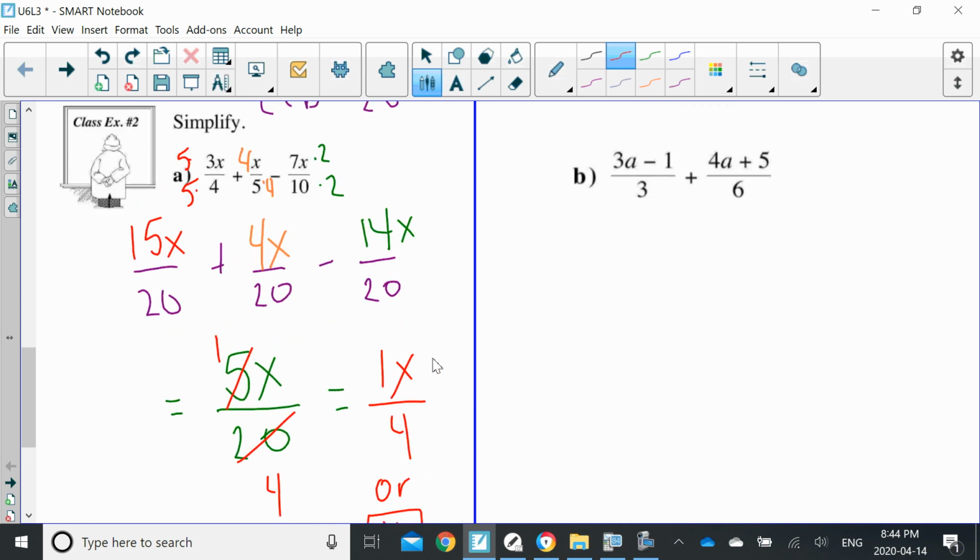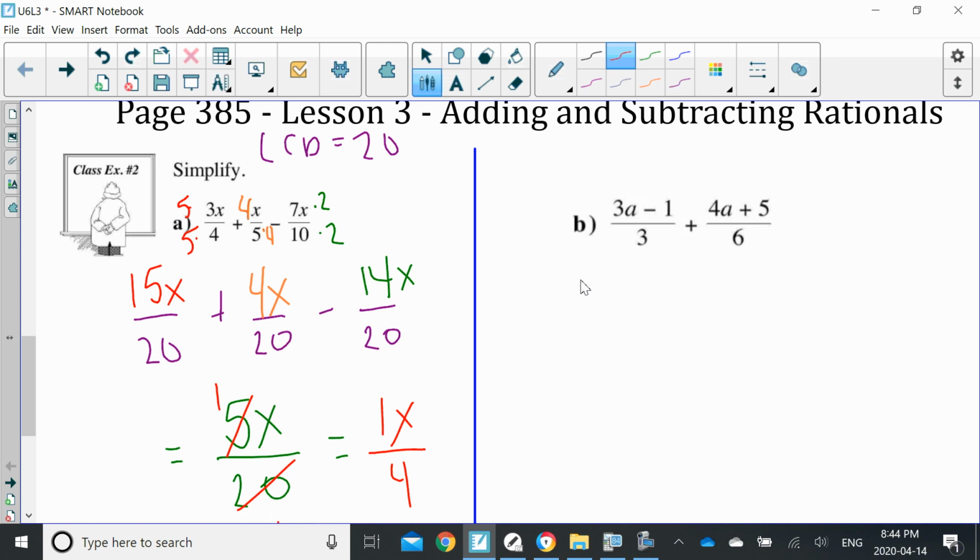Going over to B, again, we need to figure out what the lowest common denominator is. So say to yourself, between a 3 and a 6, what's the lowest common denominator? The multiples of 3 are 3, 6, 9, 12, and the multiples of 6 are 6, 12.